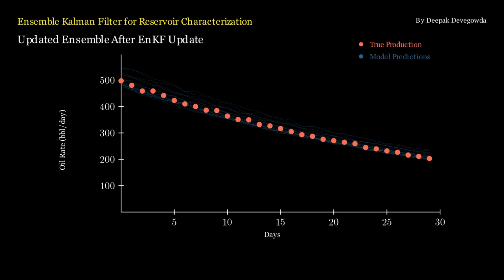Something to keep in mind in this whole discussion is that I have avoided a discussion of the formulation of the Ensemble Kalman filter equation. I've also avoided a discussion of a few of the challenges associated with frequent data assimilation with small ensemble sizes.